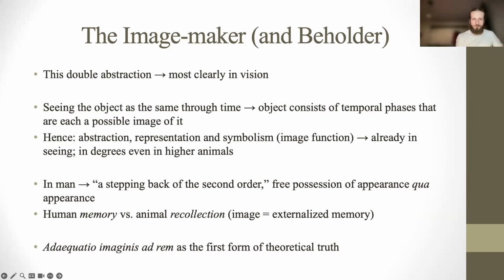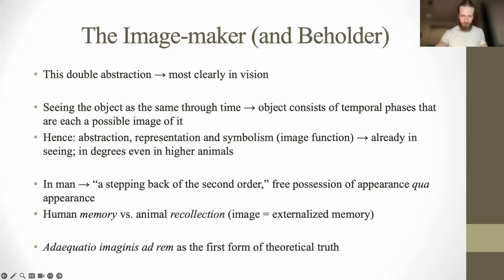So what the fact that we have object permanence means is that, at least to some degree, abstraction, representation, and symbolism, so the very characteristics of the image function, must already be implicated in seeing itself, in perception. And interestingly, he says that this is present in degrees even in higher animals. So not just in man, which, if we keep in mind that this is just talking about object permanence, does not seem to be a too radical thesis.